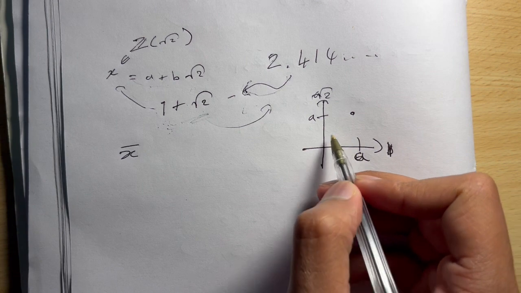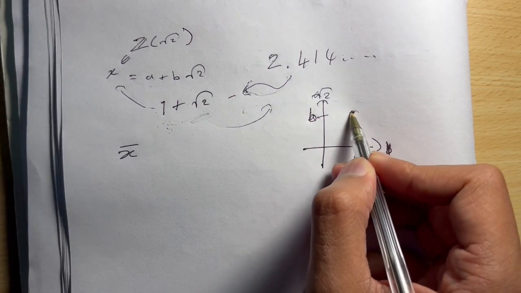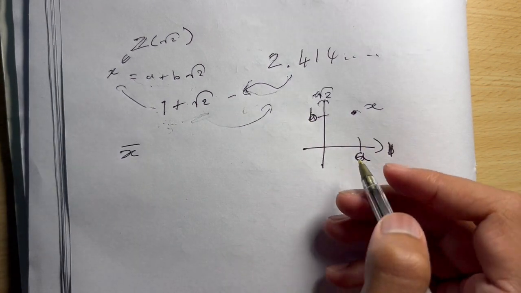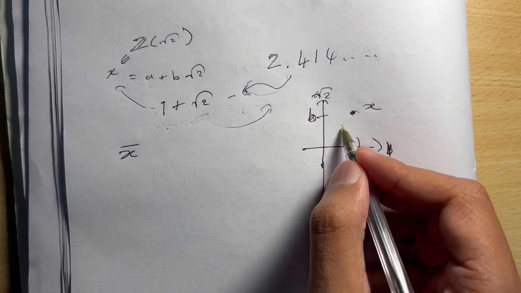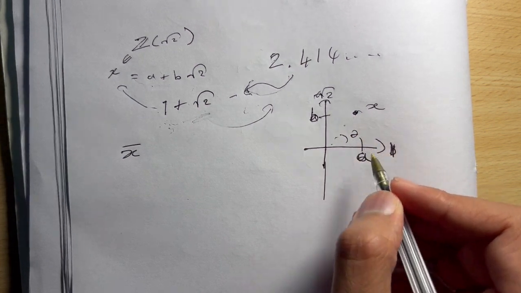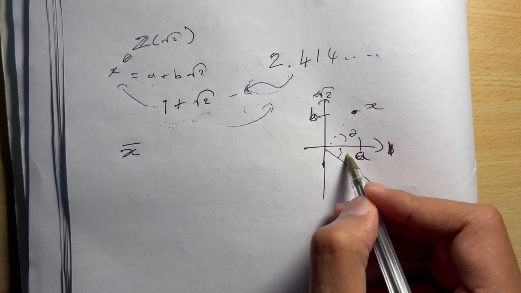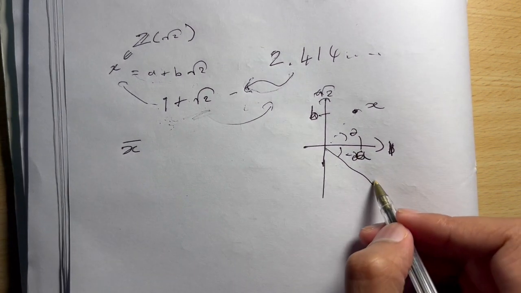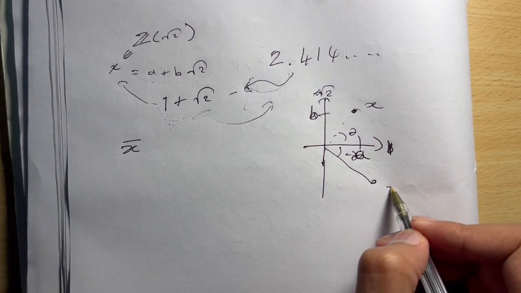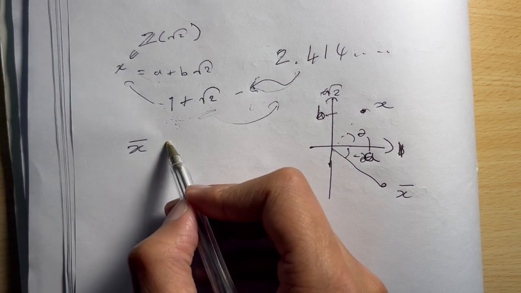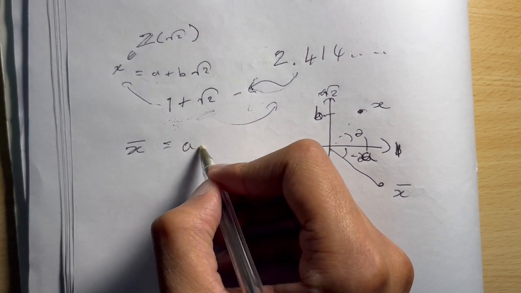Here's a and b, then this would be x. And x bar, in the same way as with complex numbers, is reflected along to a, minus b.